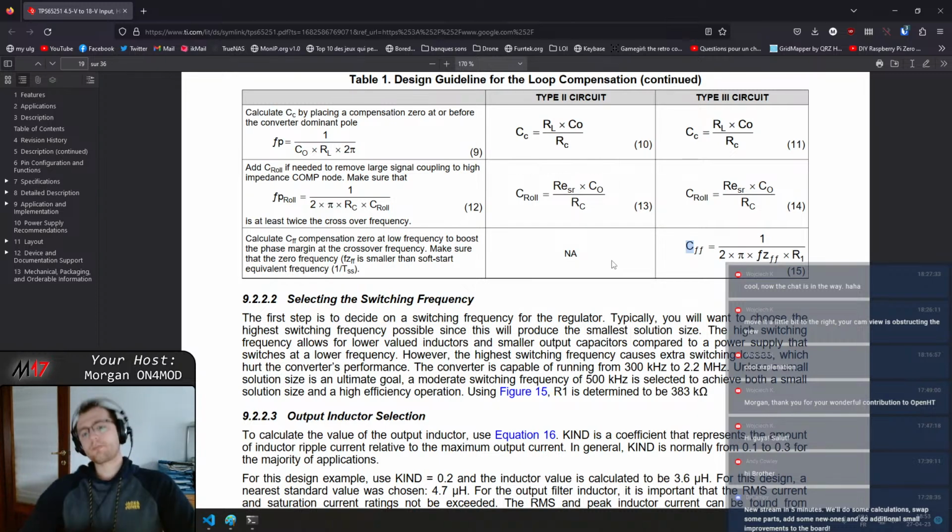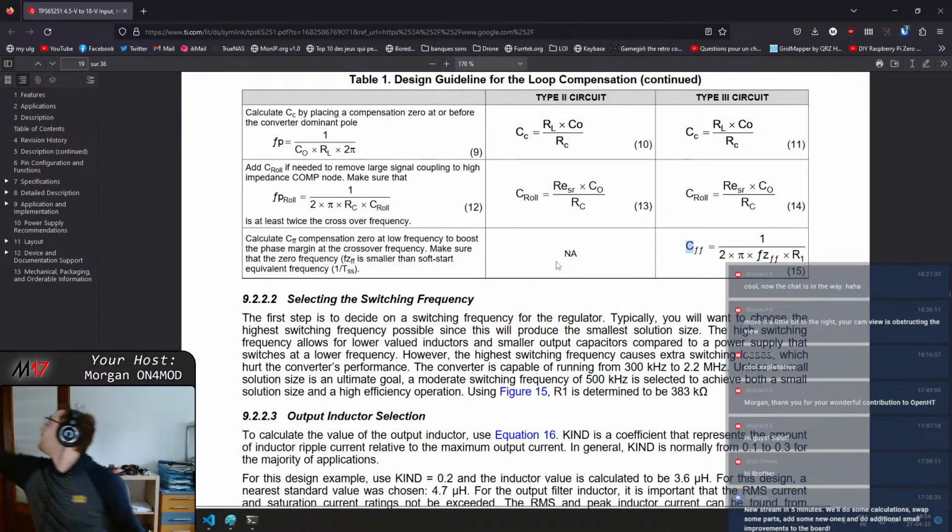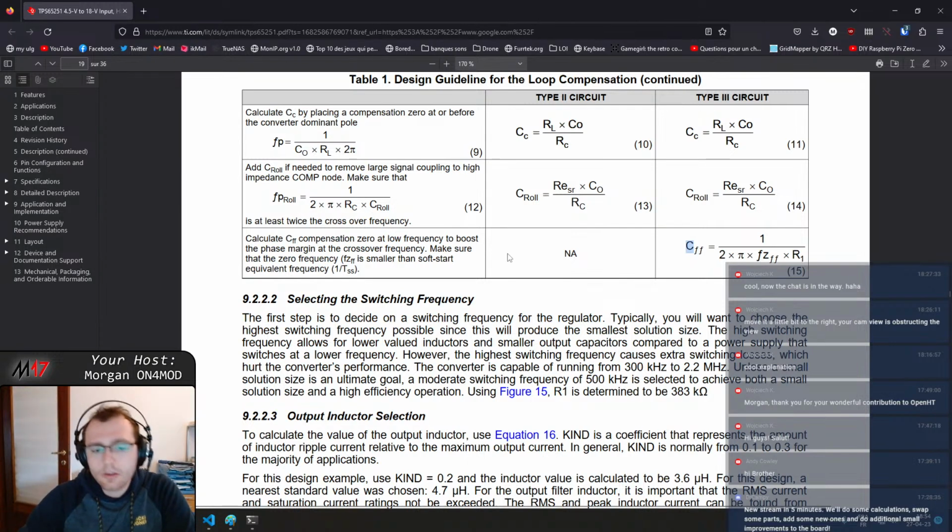Why? First, because the value of the capacitor is not as precise as for a resistor. It's not uncommon to have 20% of error on the capacitor value.